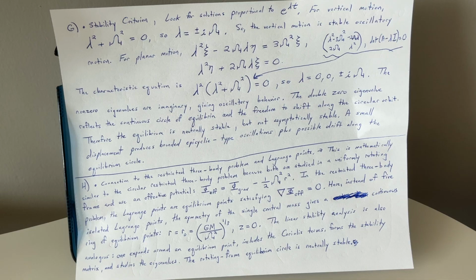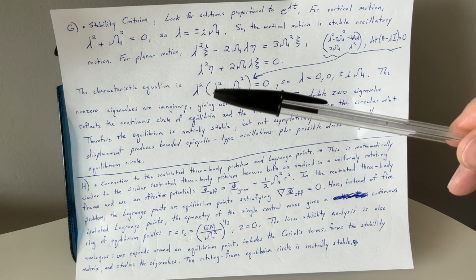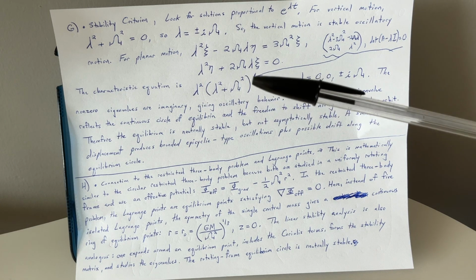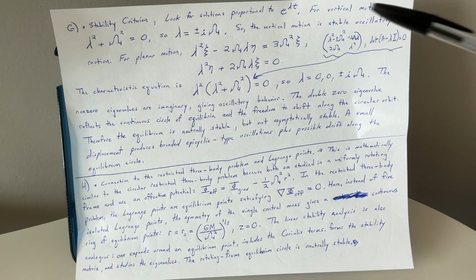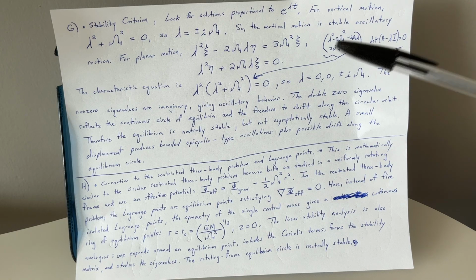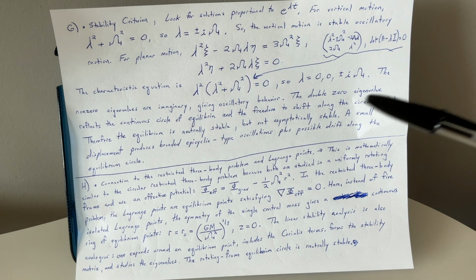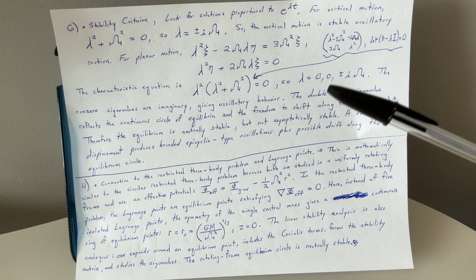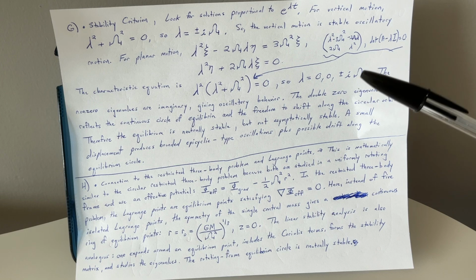Now the characteristic equation comes out to lambda squared times the quantity lambda squared plus omega squared equals 0. That's from constructing this determinant and then taking the determinant. Solving that, lambda equals 0, 0, plus or minus i omega. The non-zero eigenvalues are imaginary, giving oscillatory behavior.